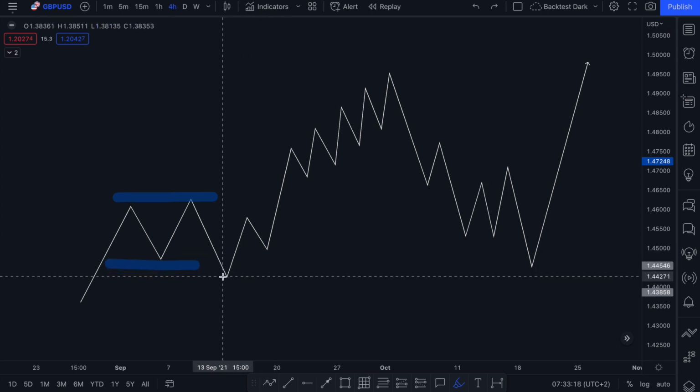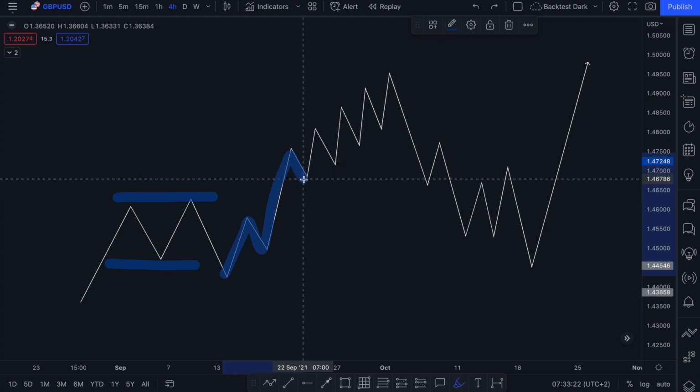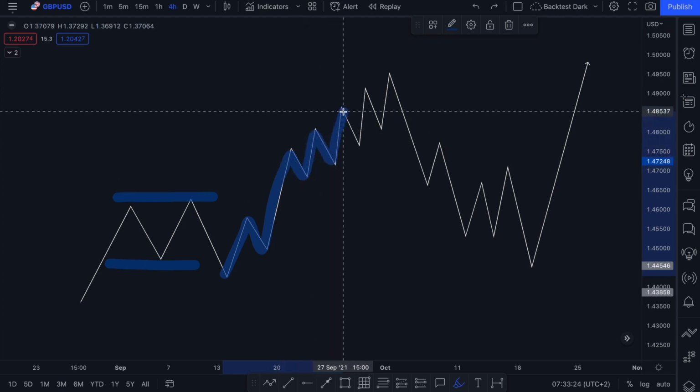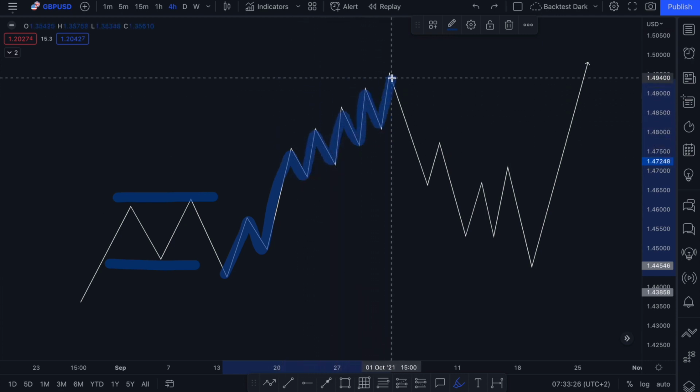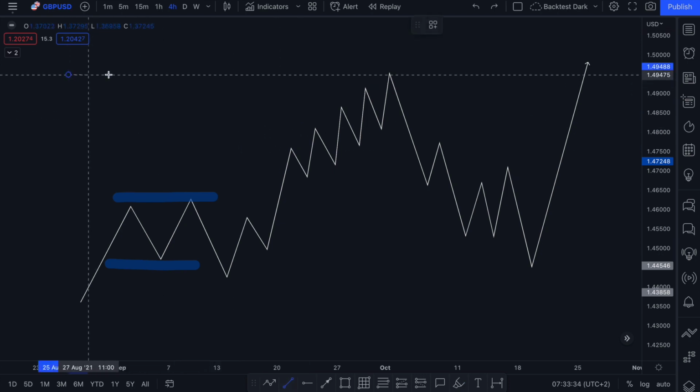They would push price action up during the London session in this manner, and let's say this push comes into a resistance zone up here.